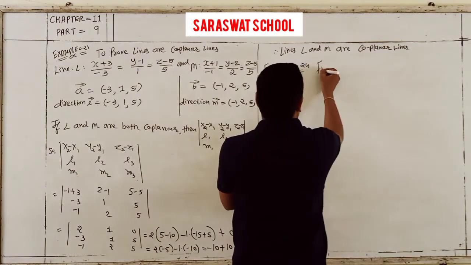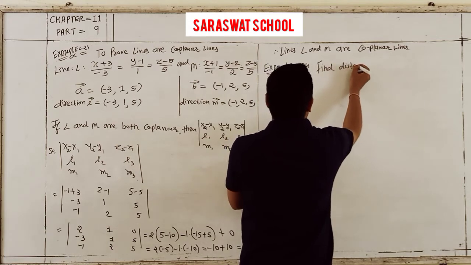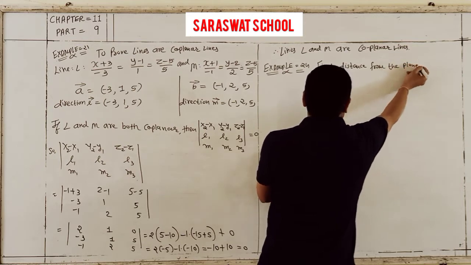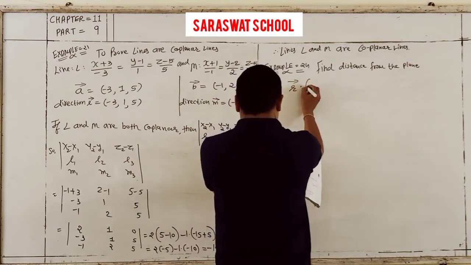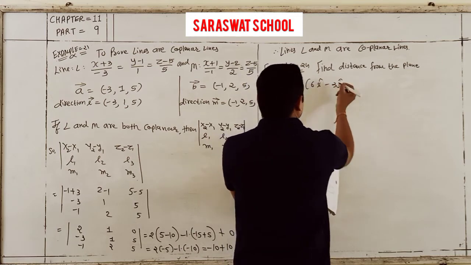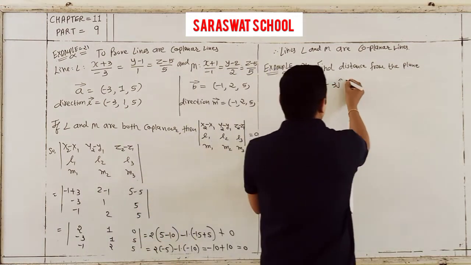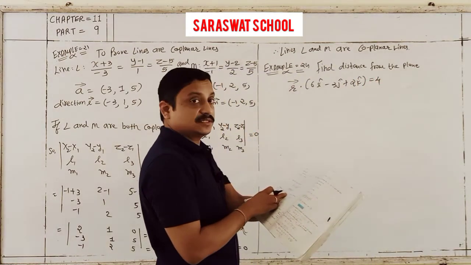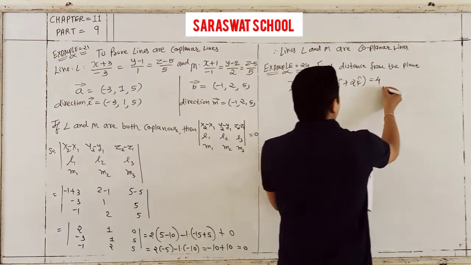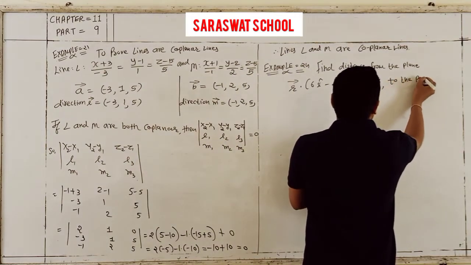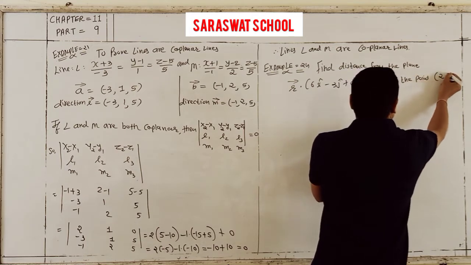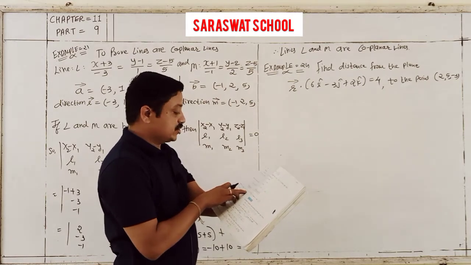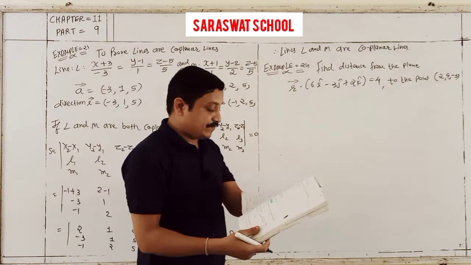Find the distance from the plane given by r dot 6i minus 3j plus 2k is equal to 4, to the point 2, 5, minus 3. Very easy. One more time, check: 6i minus 3j plus 2k minus 4, and the point is 2, 5, minus 3.